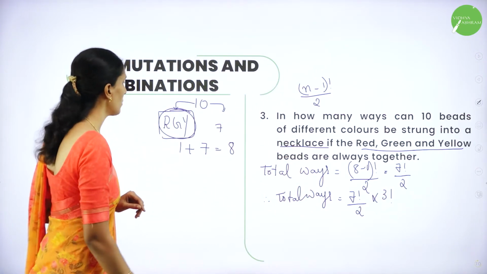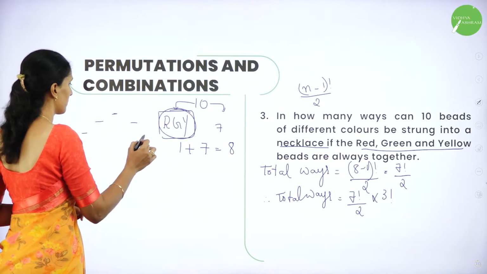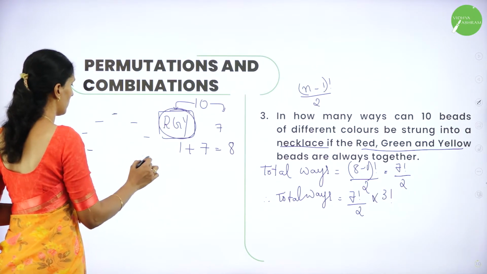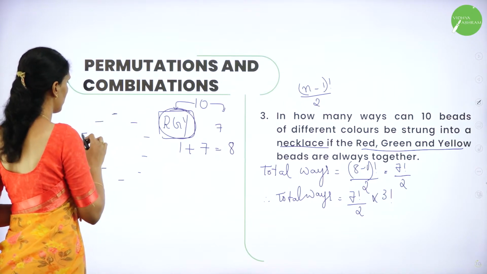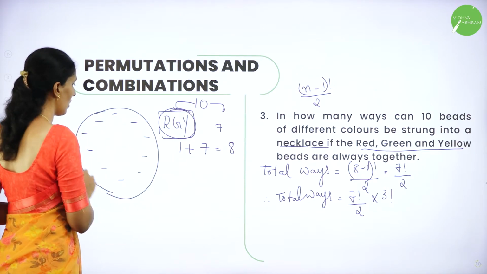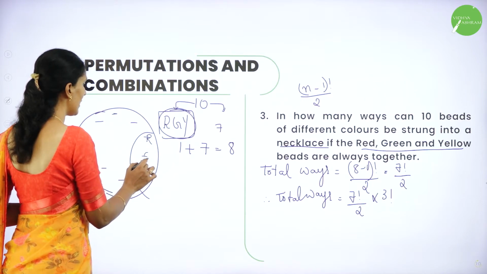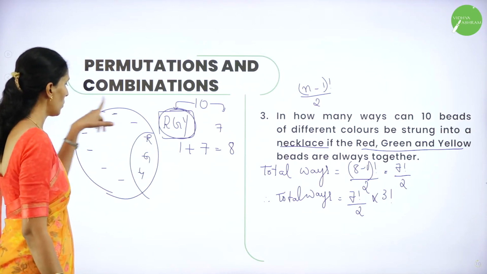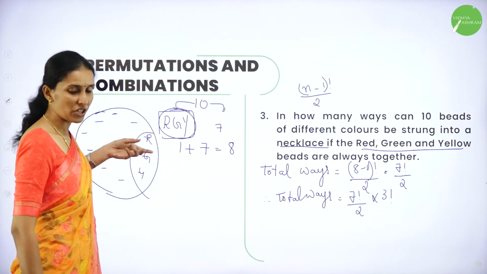Assume we have 10 different places, and we have to arrange them in this circular form. Let me take red, green, yellow. Total we have 8 arrangements, but red, green, yellow can also change their places.